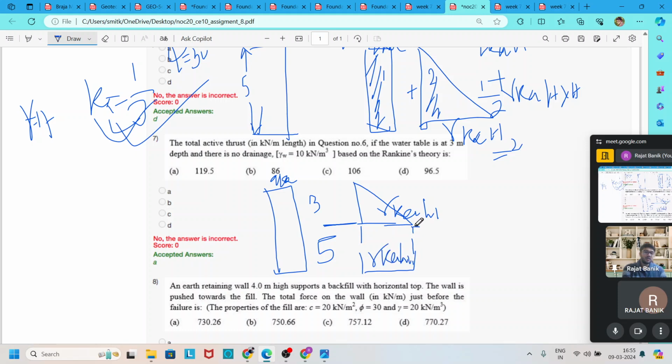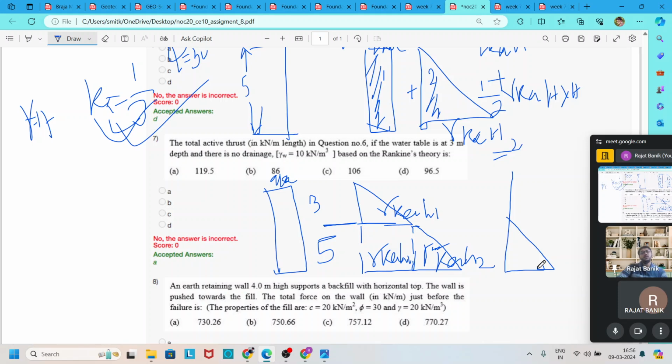From here to here, due to the layer 2 soil condition, that is due to the presence of the water table, gamma becomes gamma submerged, gamma dash Ka into H2. Then due to the water, we know from Pascal's law that water acts in three dimensions, so it also acts as a horizontal thrust.